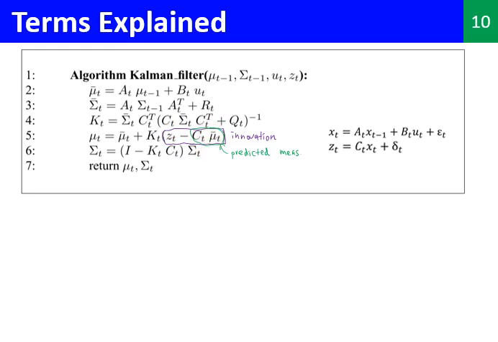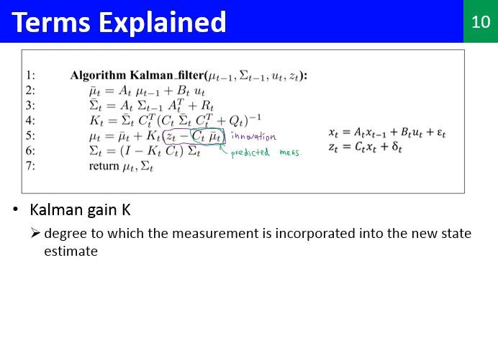All right. Next, we are going to look at what the Kalman gain K is. To understand that, let's take a simple example. Let's say we have two pieces of information, A and B, and we want to fuse them to obtain a better estimate.